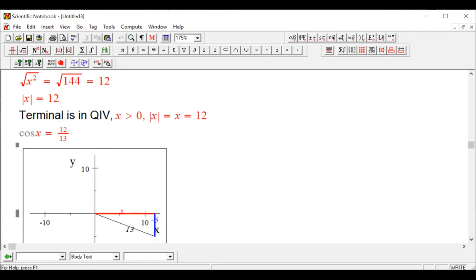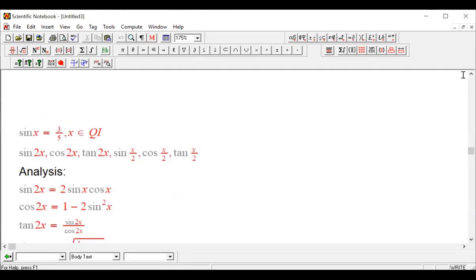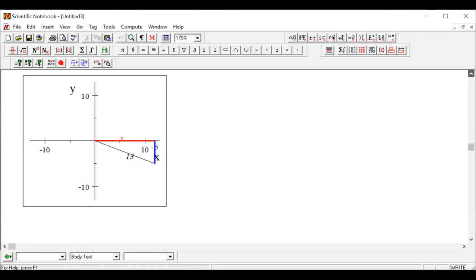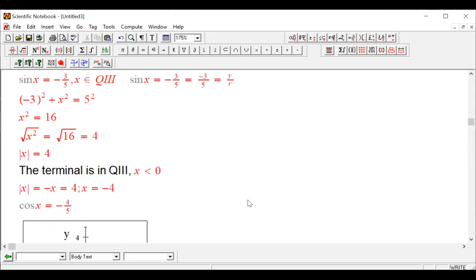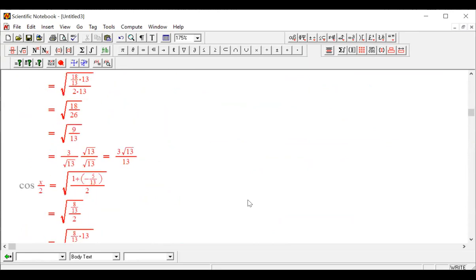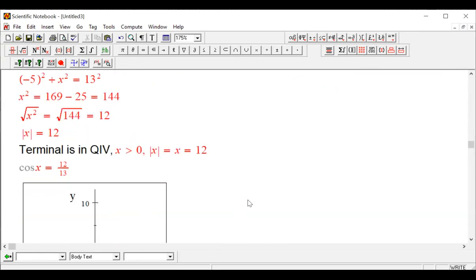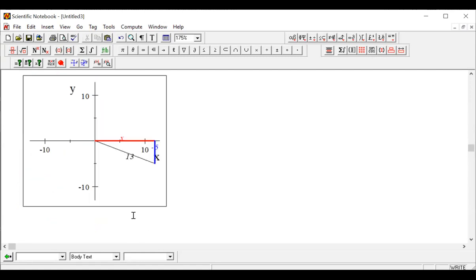Now what do we need to do? Half angle, double angle, and all of that stuff. If you like, you can change your theme. You're going to work with me, yes? Sine of 2x equals 2 times sine x cosine x.